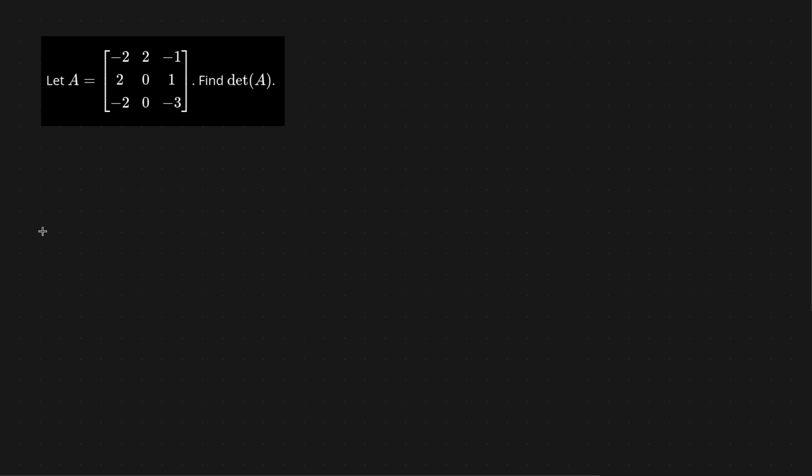Let's calculate the determinant of A. Let's start by expanding along the first row as usual. Okay, I'm going to do this quickly. So negative 2 times the determinant of what's left. Now what's left is a 2 by 2, so I'm going to get negative 2 times 0 plus 0. So negative 2 times 0.